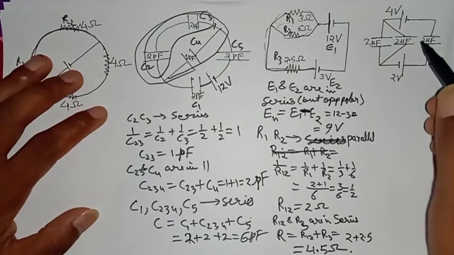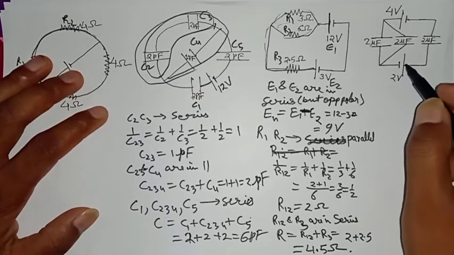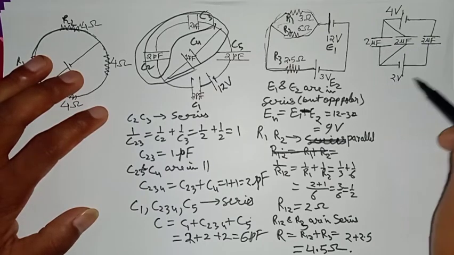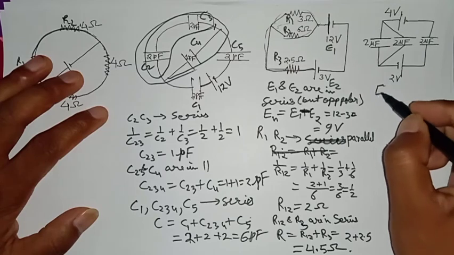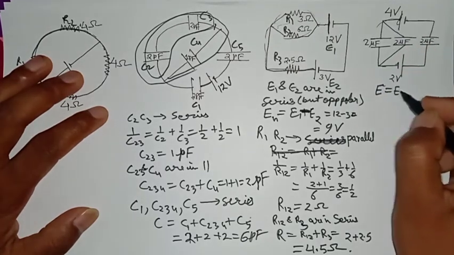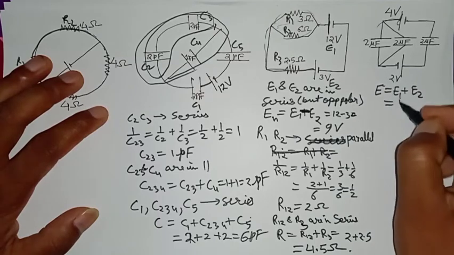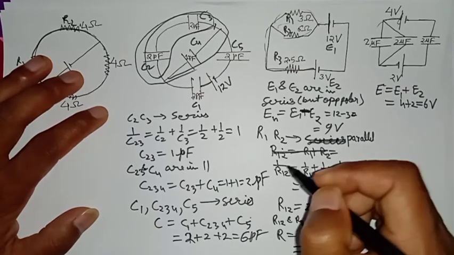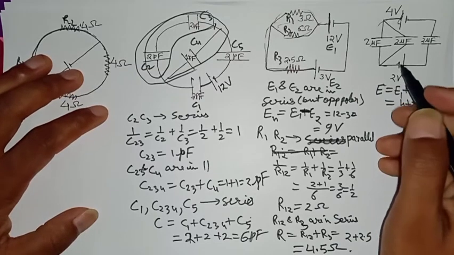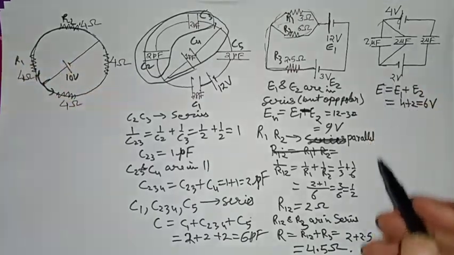Okay, moving ahead here. Once again there are two cells, so their collective EMF will be measured. This time this positive is connected to negative, so it will be like this. All right, now what about these three?